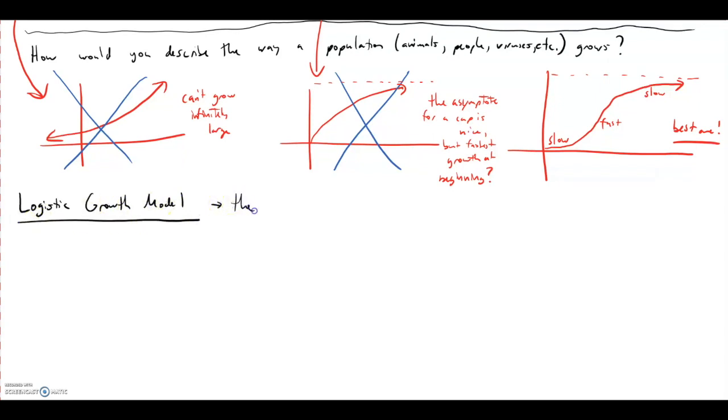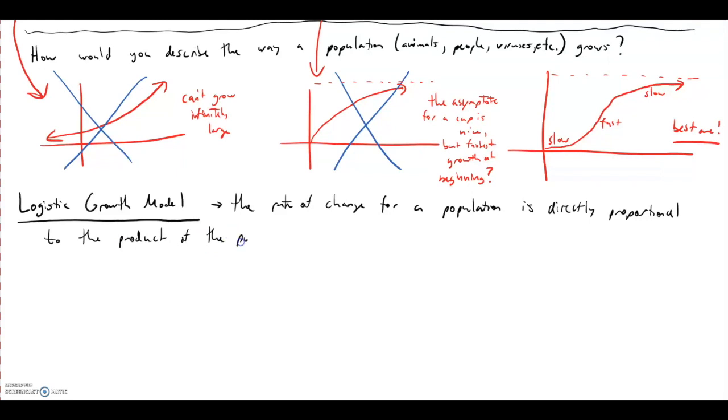And in the logistic growth model, the rate of change for some population, or even to generalize it, for some quantity, is directly proportional, same wording we saw with the exponential growth and decay models above.